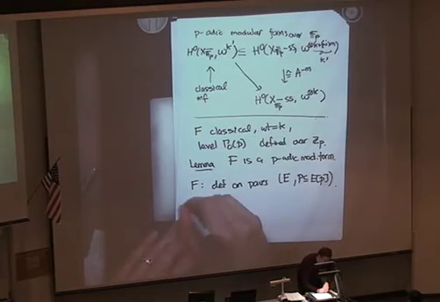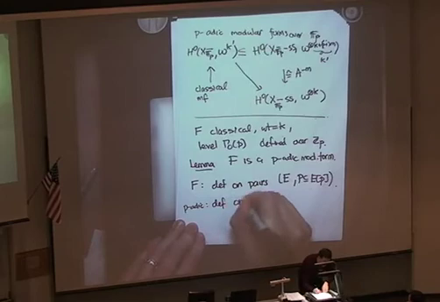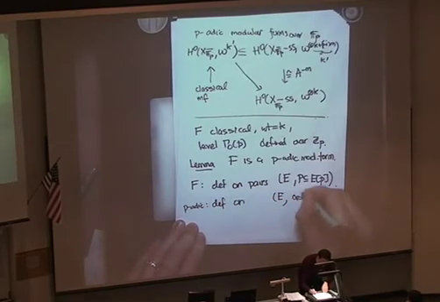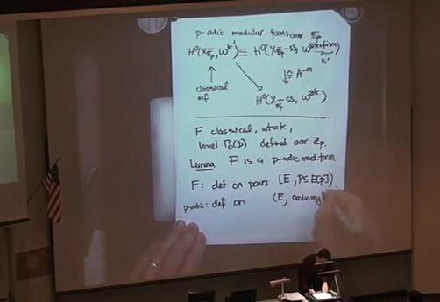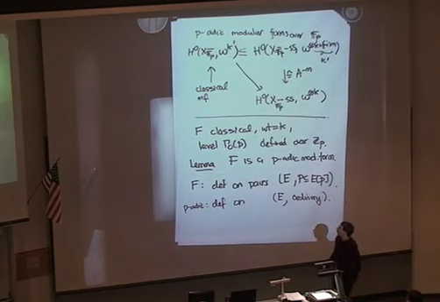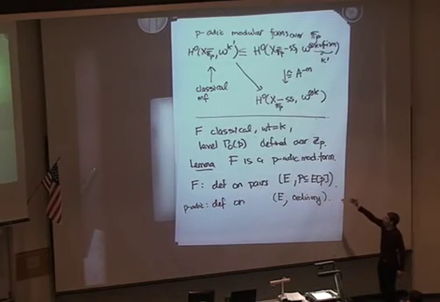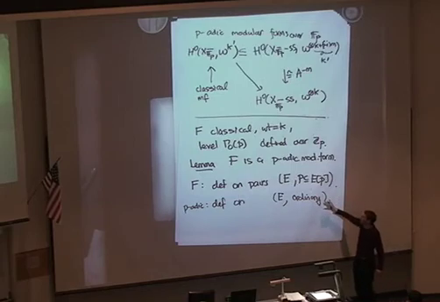And on the other hand, p-adic modular forms are defined simply on elliptic curves, but that are ordinary. So in order to turn F into a p-adic modular form, we have to do the following.